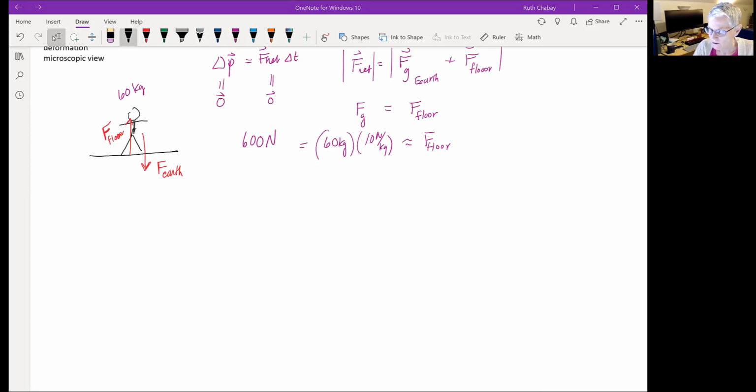Now suppose that the person goes away and we have a raccoon standing here. And the raccoon weighs 10 kilograms.